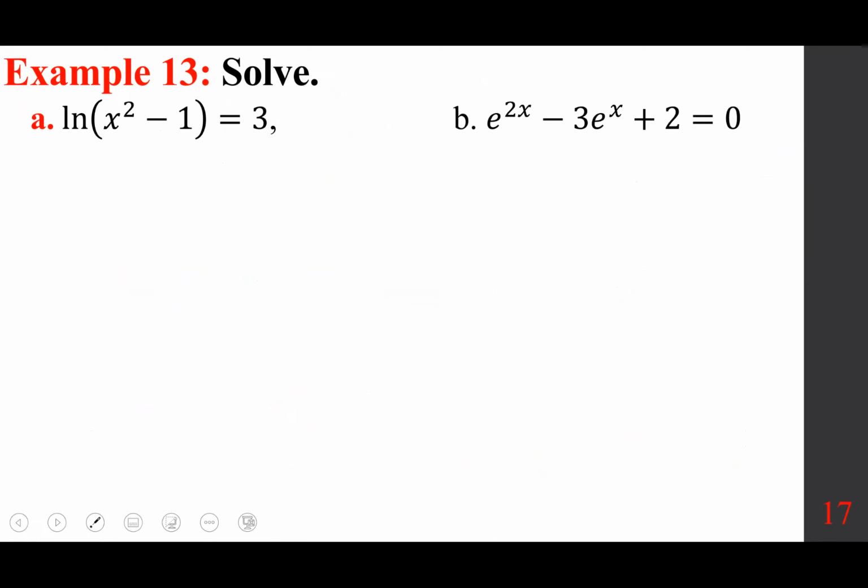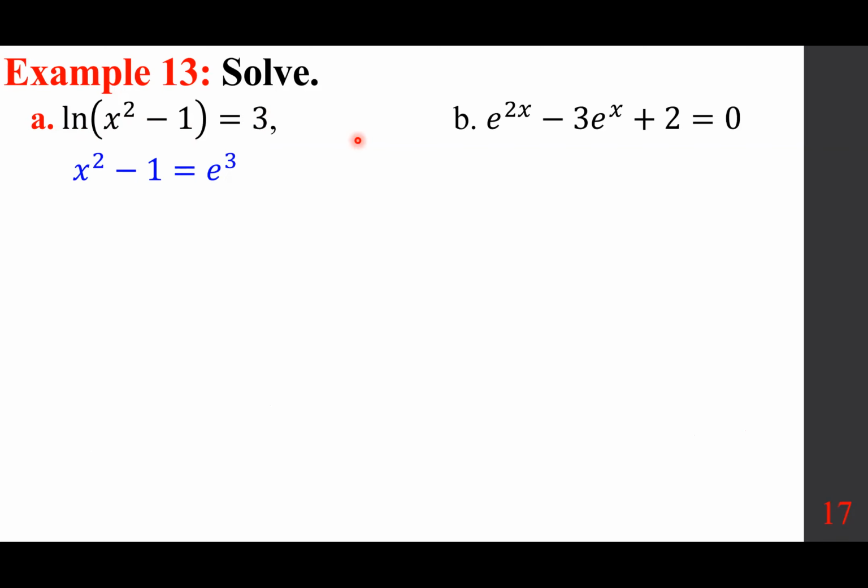I want to solve some equations. In this case, ln of (x squared minus 1) equals 3. And just by definition, if you assume it's log and the base is e here, e cubed is x squared minus 1. This is by definition of a log.